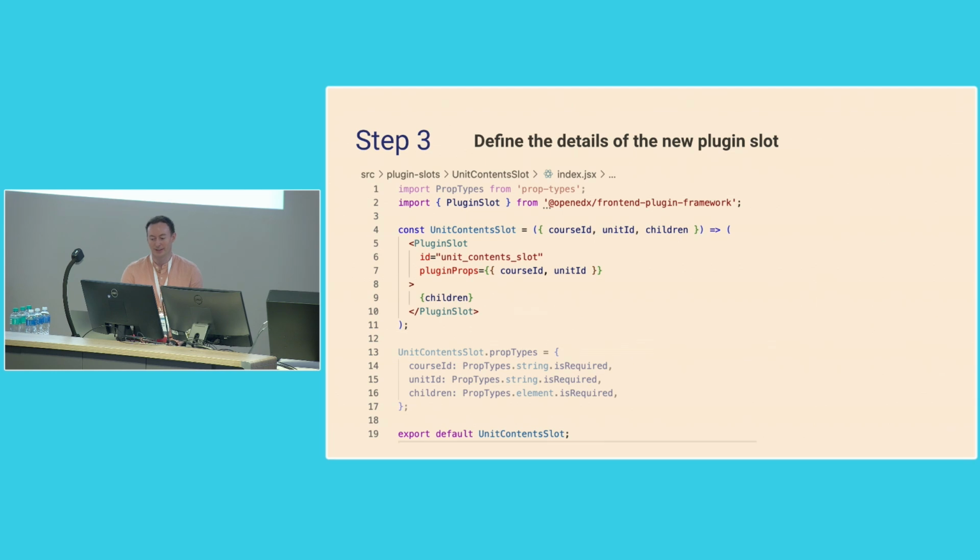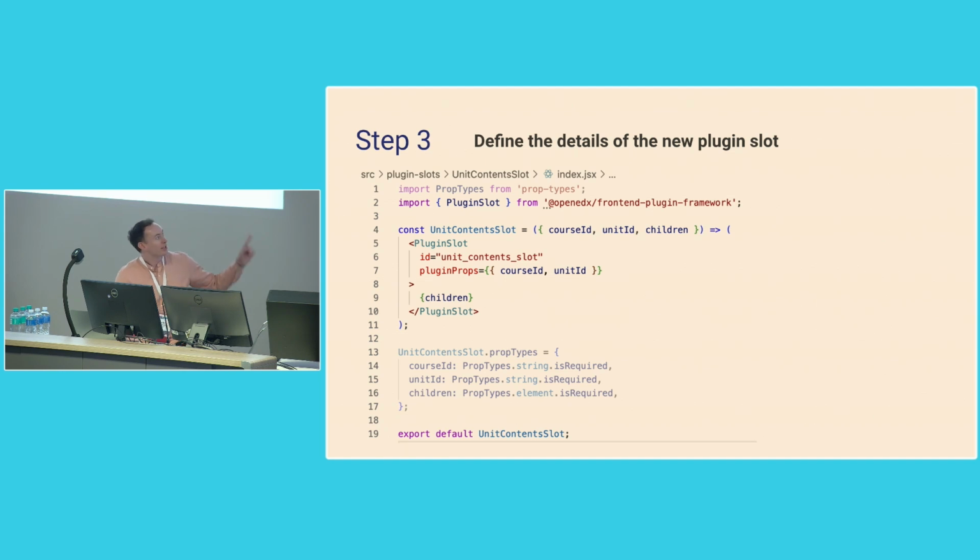Just look for where it says unit title slot and change it to unit contents slot. The important parts here are kind of bolded. The prop types at the bottom are not necessary at all. If it were me, I would just delete them, but you can leave them in if you like prop types validation. Otherwise, just copy this code here.